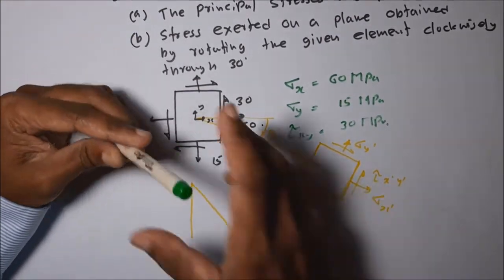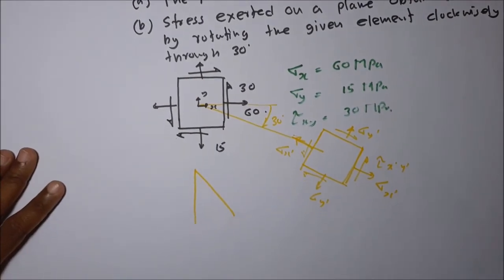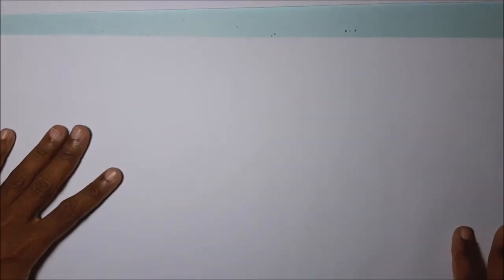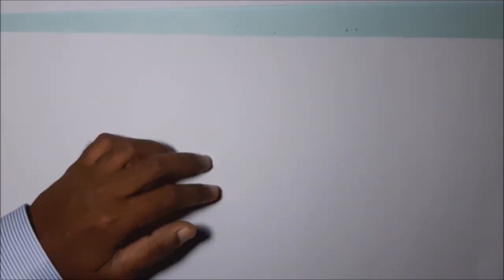Let's see how to solve this problem. When using the Mohr circle diagram method, you don't have to remember any of the equations; we can easily draw the Mohr circle diagram.